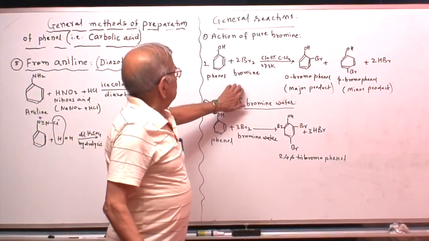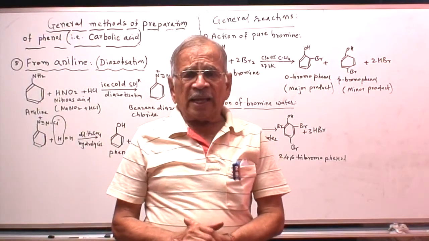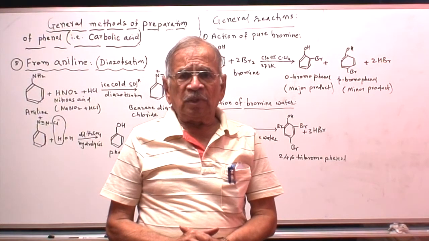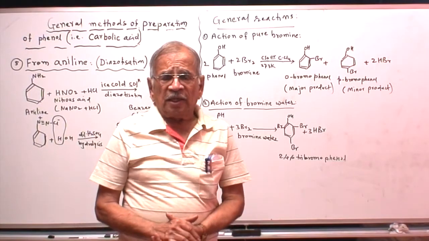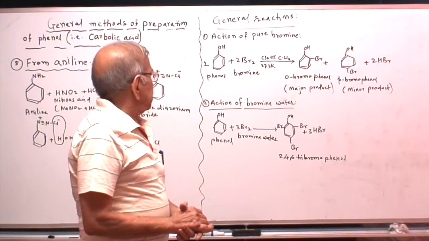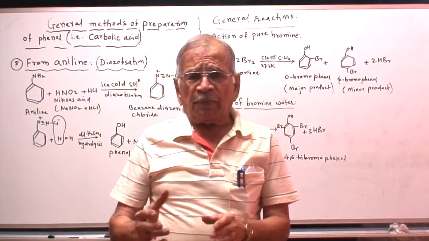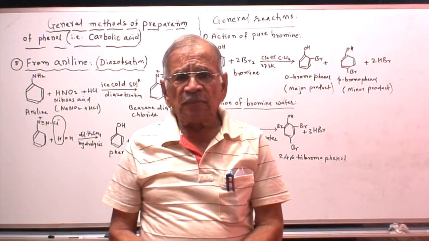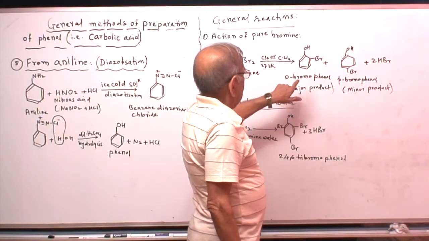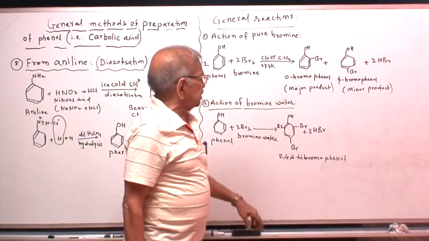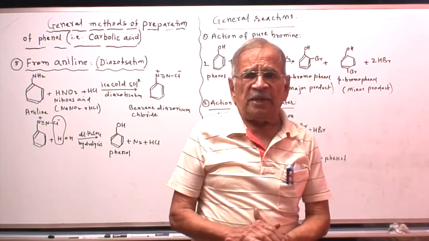With pure bromine, phenol plus twice Br2 in presence of carbon disulfide, CS2, or CCl4, carbon tetrachloride, at 0 degrees centigrade, that is 273 Kelvin, you get a mixture of ortho and parabromophenols, orthobromophenol and parabromophenol plus twice HBr.